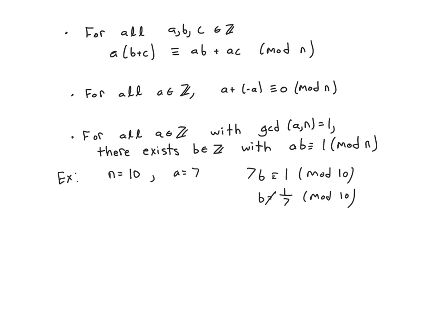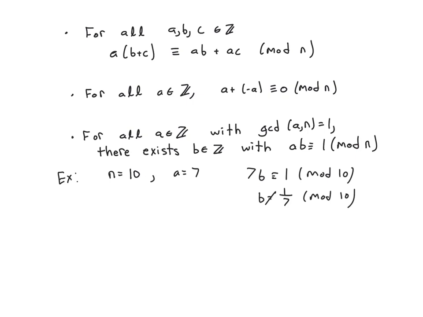But the idea is that somehow you do have multiplicative inverses sometimes with modular arithmetic, even though classically, for integers, if I solve the equation 7b equals 1, b has to be 1/7. I can't solve it over the integers, I need the rational numbers. But this statement says that occasionally you can solve an equation like this in modular arithmetic.